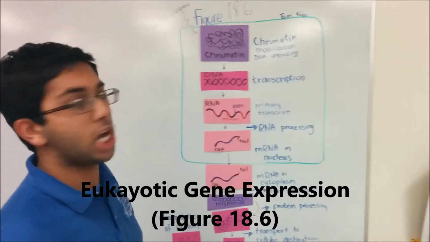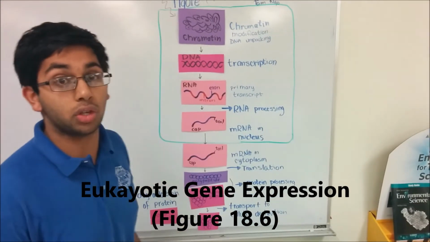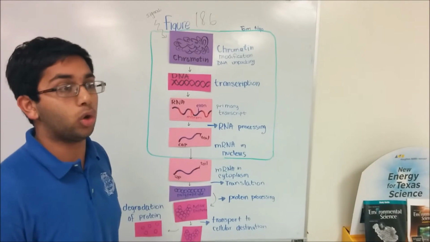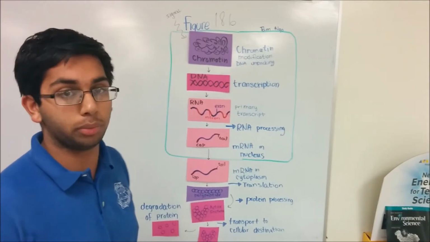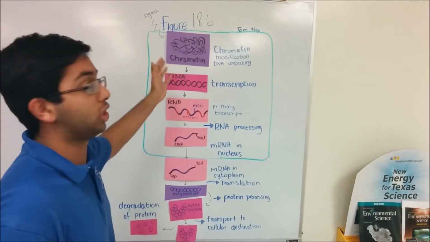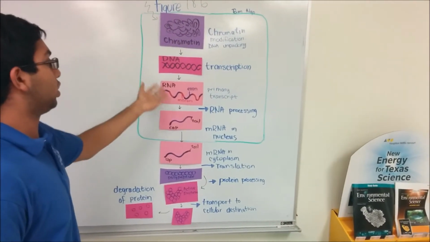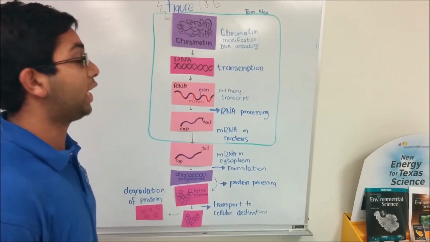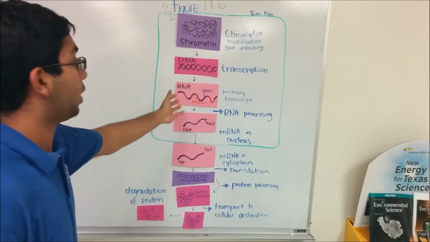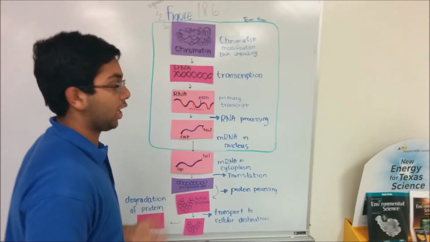So this is all about eukaryotic gene expression. First in eukaryotic cells, there's chromatin, which is densely packed DNA. And in order to unpack this, something called acetylation occurs, which loosens the DNA in order for it to be transcribed. This DNA is then transcribed into pre-mRNA, which then has to be spliced in order to get useful mRNA out, so the introns are taken out.